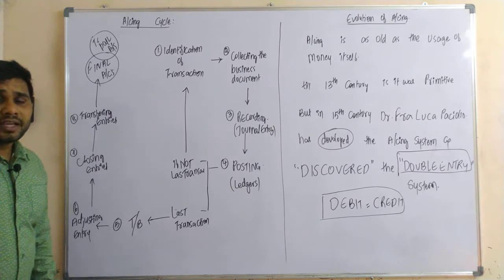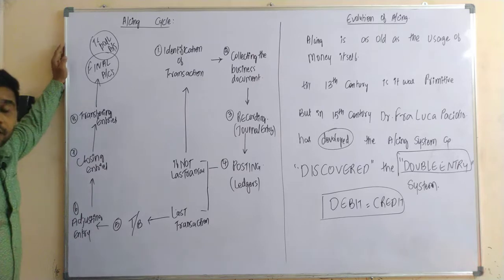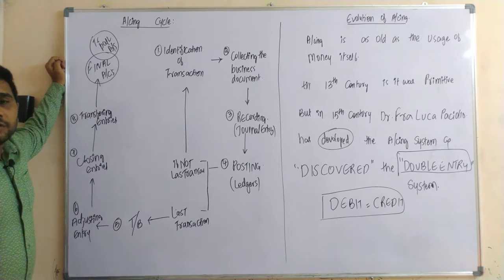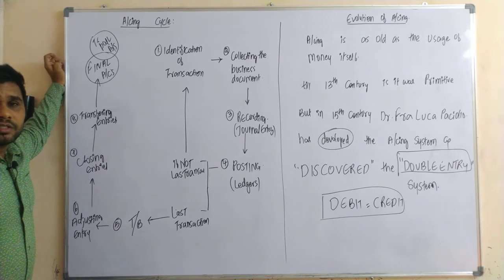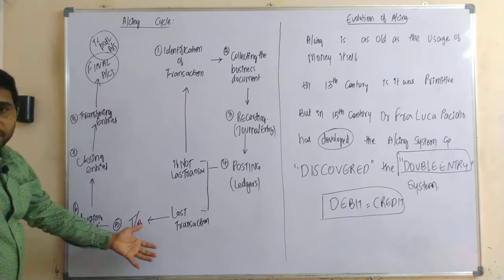Where accounting is an art. So the definition of accounting is that the Committee on Terminology set up by the American Institute of Certified Public Accountants has formulated the following definition.